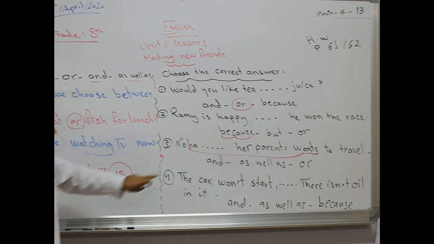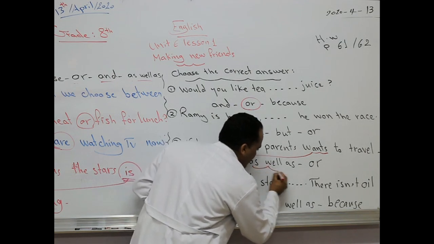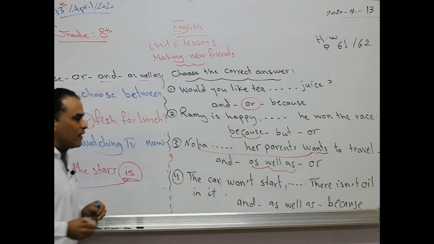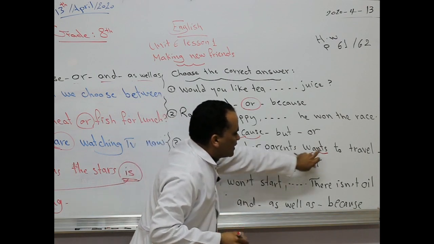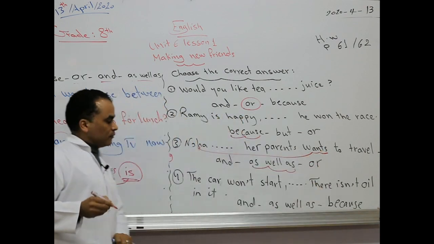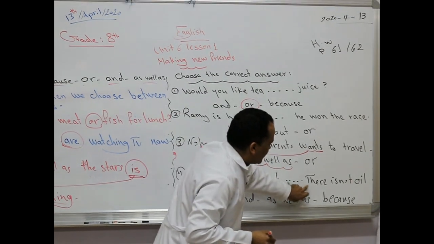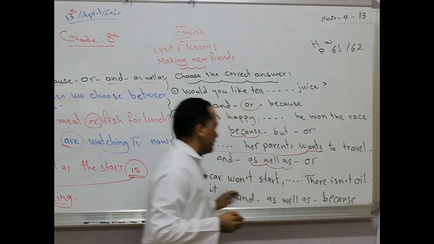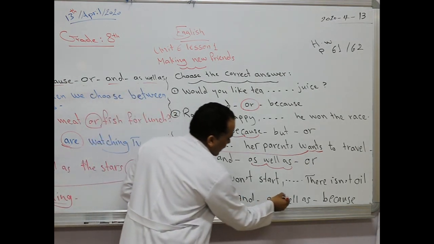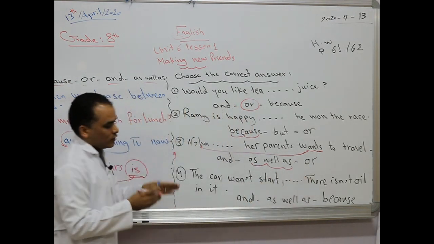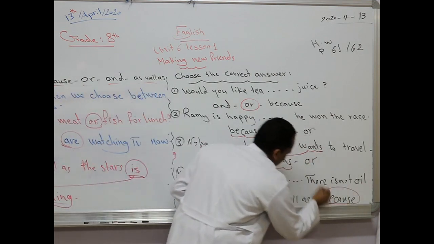The first subject is singular, so we must use as well as. Number 4, the car won't start because there isn't oil in it. Here there is a reason, so we must use because.